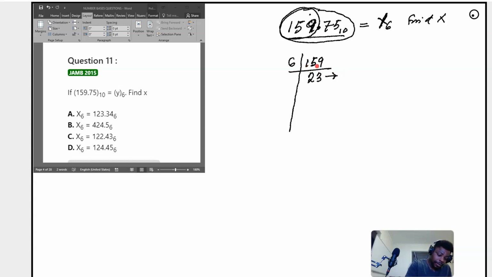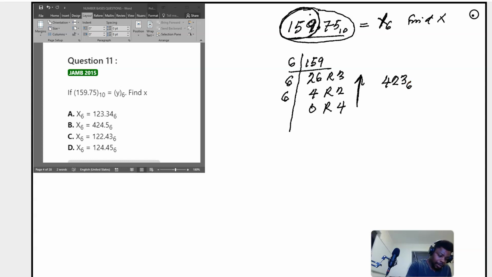Sorry, that is 26, remainder 3. 26 divided by 6 gives 4, remainder 2. Then 4 gives 0, and you put 4 here. So this is 4, 2, 3 in base 6 for the whole number part.